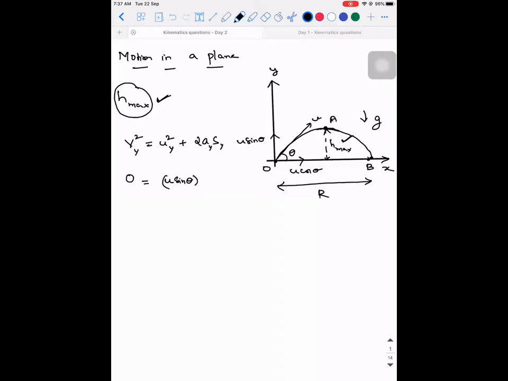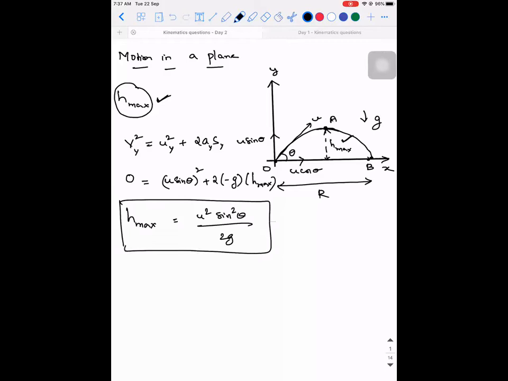U sin theta the whole square plus 2 into, what is the acceleration of the object? Minus g. Yes, that's right. Into, what is the displacement of the object in the Y direction? H max. So H max will be equal to U square sin square theta divided by 2g. Right? This is the one you would have learned last year already and you know this, right?